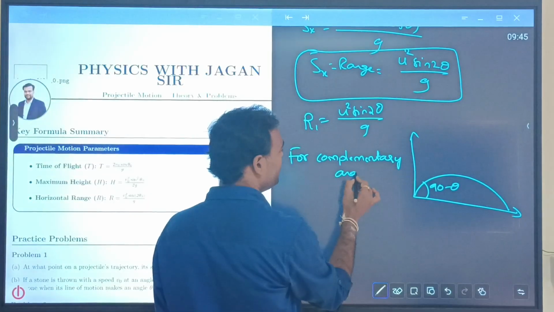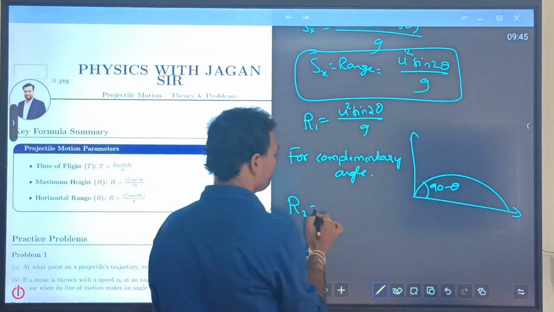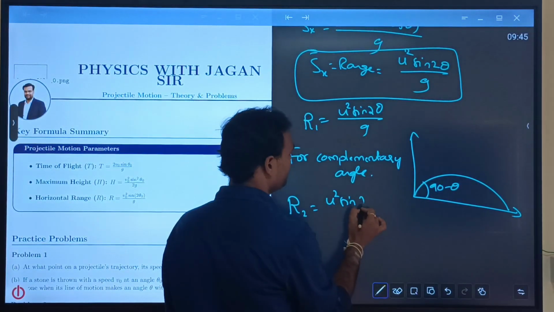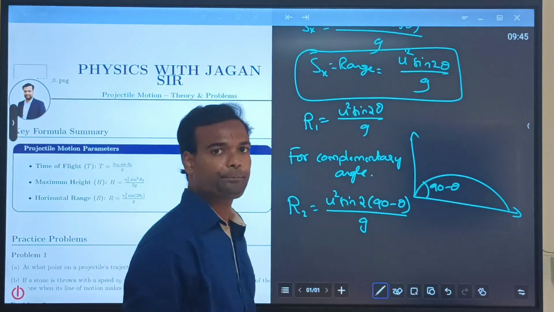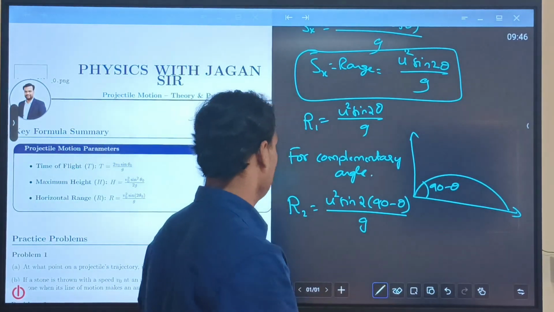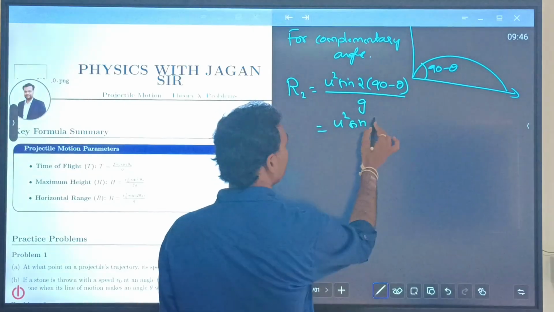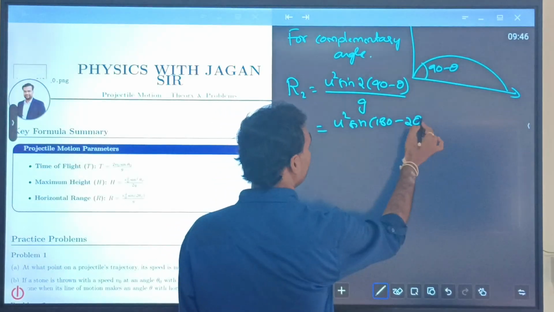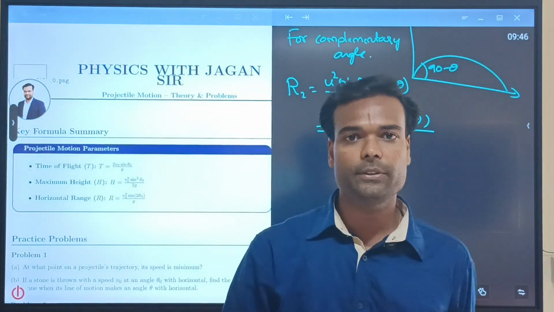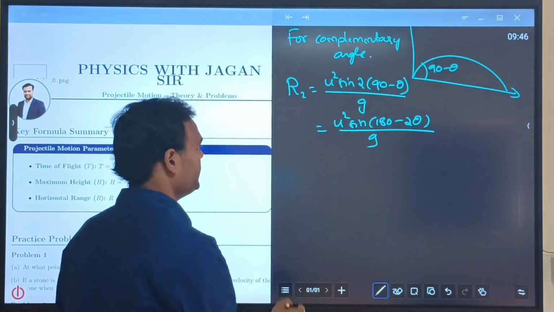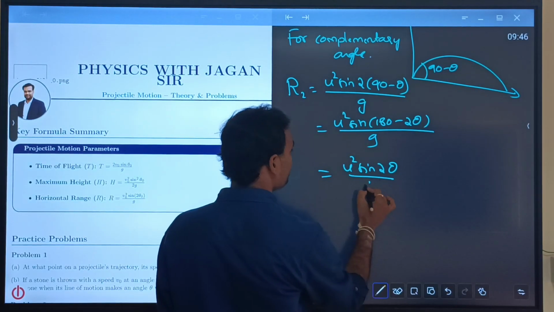R2 is equal to u square sin 2 times 90 minus theta by g. Then this will be u square sin 180 minus 2 theta by g. Sin 180 minus 2 theta becomes sin 2 theta only. So this becomes again u square sin 2 theta by g.